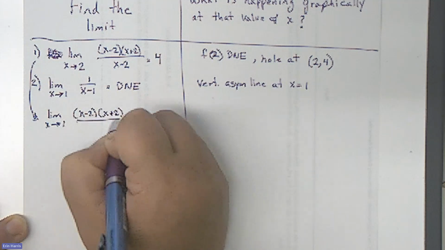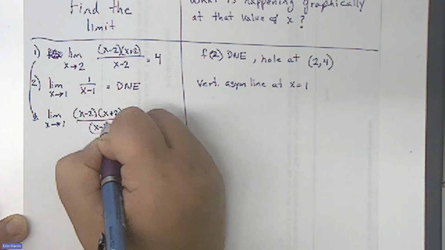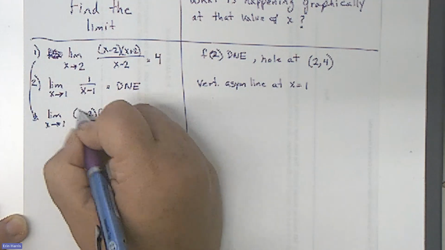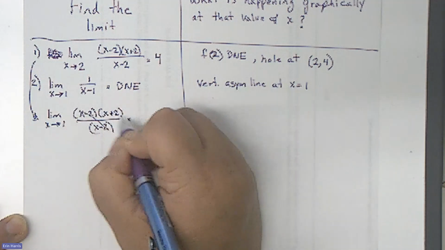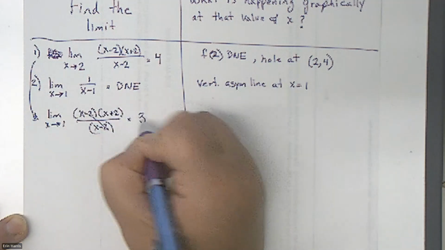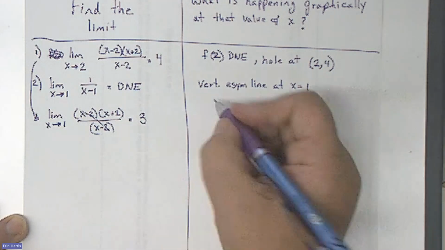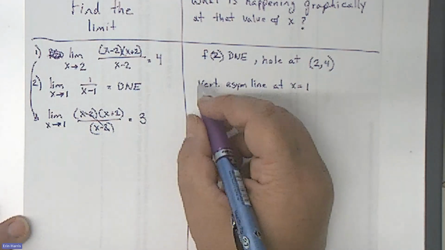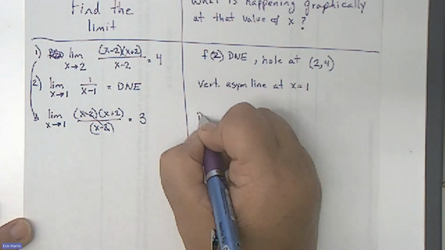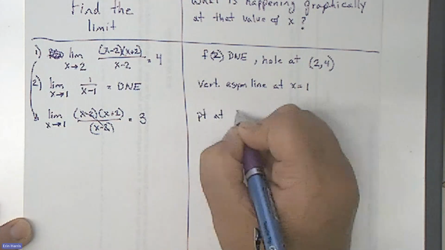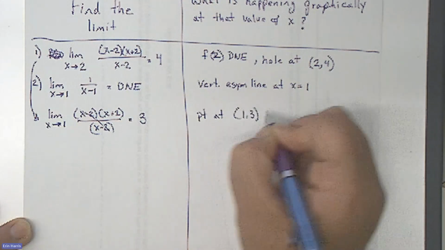It's no coincidence that if I divide these factors to 1, I would just plug in and get 3. So there's just a point at (1, 3).